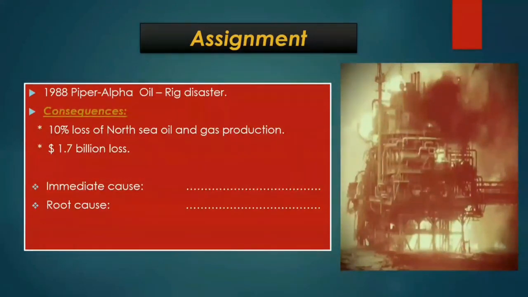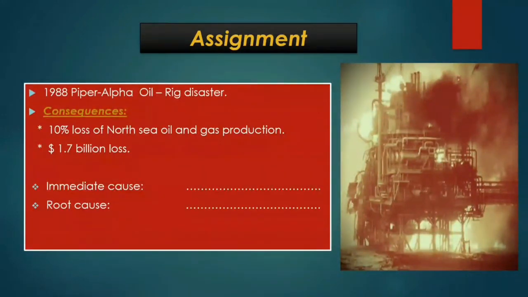This is an assignment. This is also another disaster, in 1988. It's called the Piper Alpha oil rig disaster, where the consequence was 10% loss of North Sea oil and gas production and 1 billion in losses.